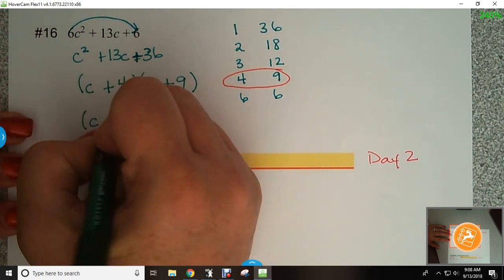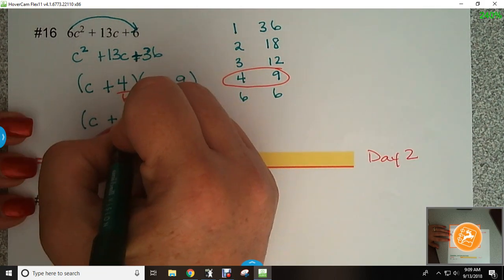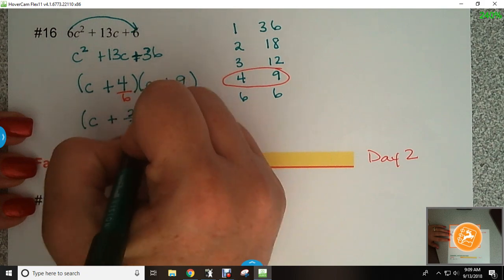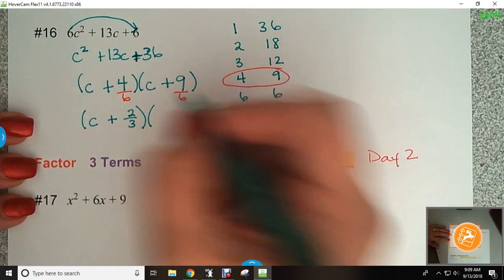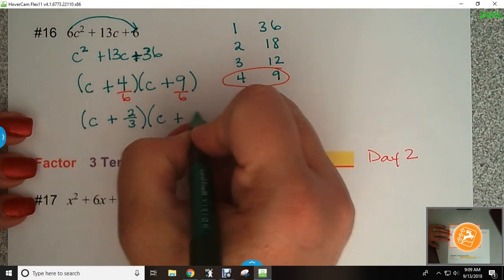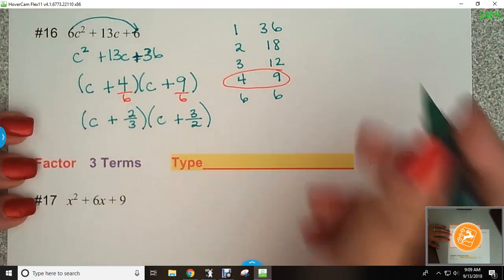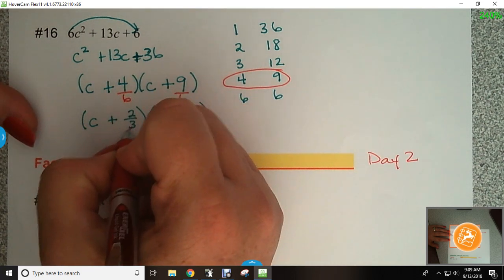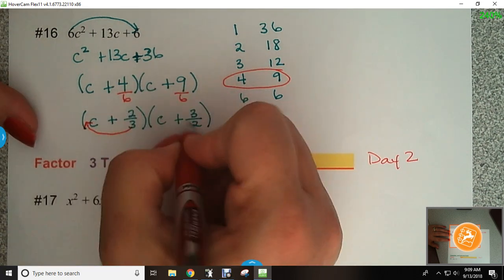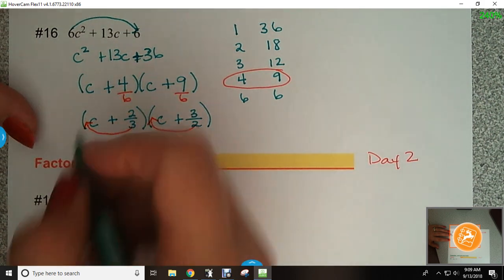So in the first parenthesis, 4 over 6 will not give me a whole number, but it will reduce to 2/3. In the second parenthesis, 9 over 6 will not reduce to a whole number, but it will reduce to 3/2. And now, because both of these are still fractions, I'm going to move the bottom up front in both of those parentheses.